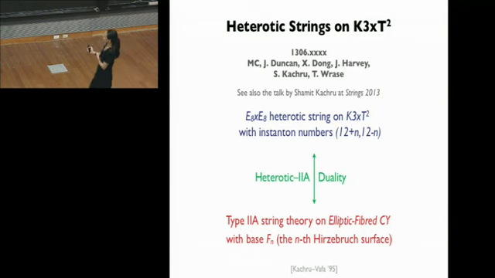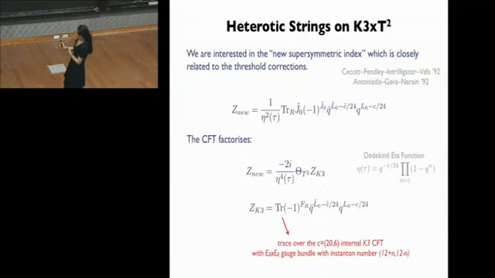So the first quantity we're interested in studying is a simple worldsheet quantity from the heterotic side, which is the so-called new supersymmetric index, and that is closely related to threshold corrections. Maybe you still remember from Boris' talk. Okay, it is defined in this way.